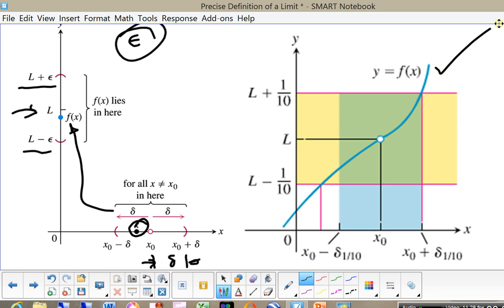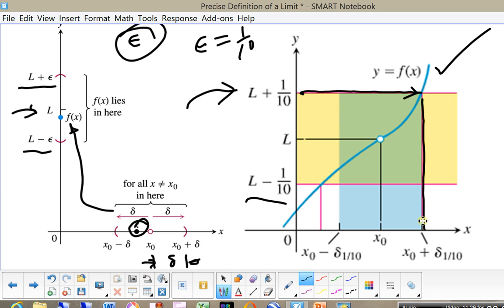Suppose we have this function, and someone gives you an epsilon equal to 1/10. So you plot out L plus 1/10 and L minus 1/10, and then you go back for L plus 1/10 and find out what value of x corresponds to L plus 1/10.